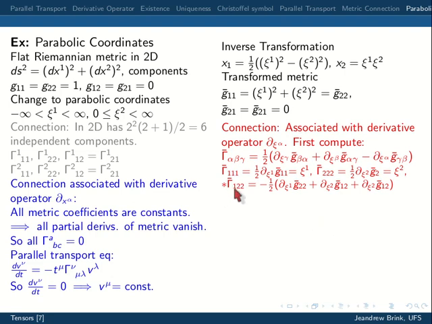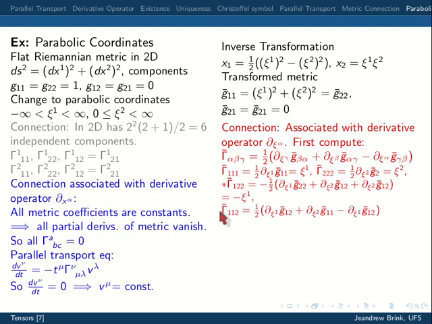So Gamma_122 is simply equal to minus a half, and I'm writing out this definition, putting in the specific indexes. So it's d/dxc1 g22 plus d/dxc2 g12 plus d/dxc2 g12 because it's symmetric. Okay, and if you work that out, you know that these guys are 0, so it's just d/dxc1 of g22, and so it is simply minus a half times 2 times xc1, so it's just minus xc1.